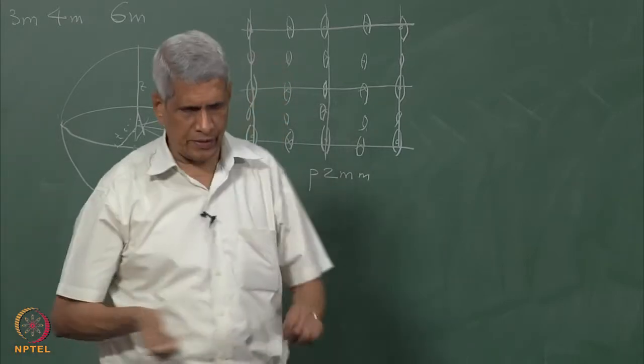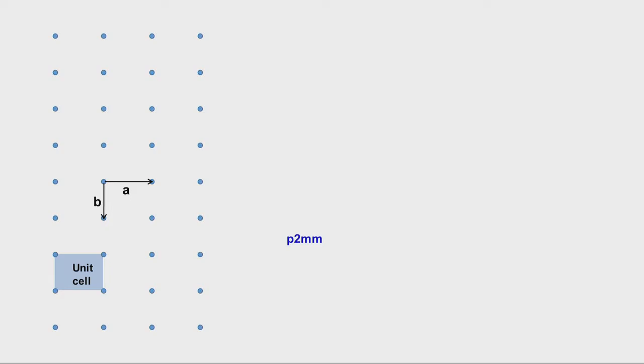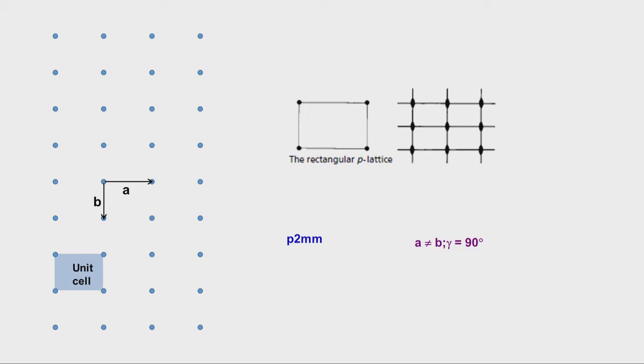That's how it is. And we say that for a crystal having this sort of a symmetry, A is not equal to B, and the angle between them is 90 degrees, correct? This is exactly what we are showing, only one unit cell.